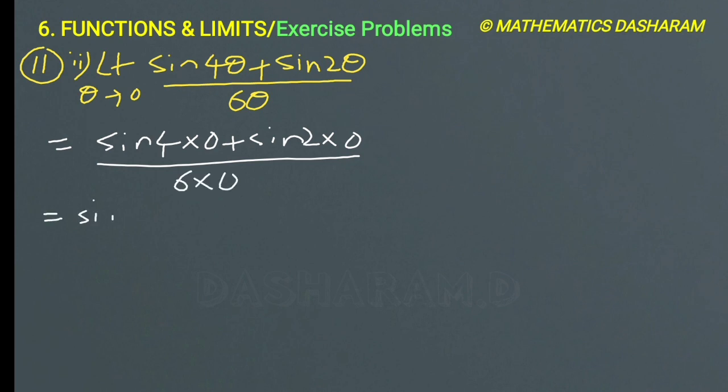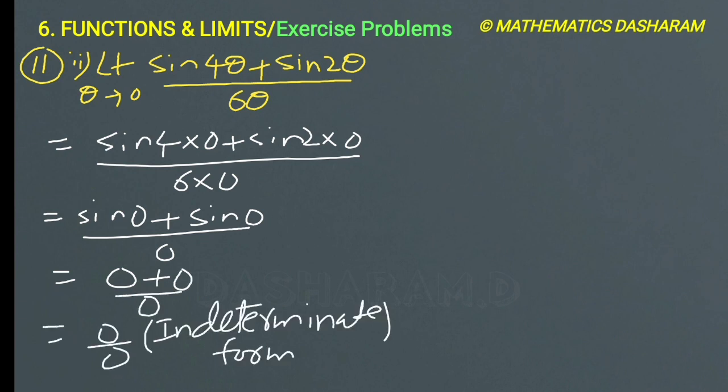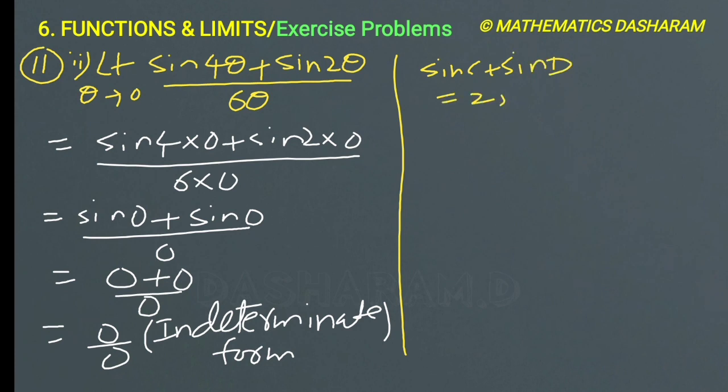Sin 0 plus sin 0 divided by 0, and sin 0 value is 0, so 0 by 0 indeterminate form. So for the numerator apply the sin c plus sin d formula, which is 2 sin((c plus d) by 2) into cos((c minus d) by 2).